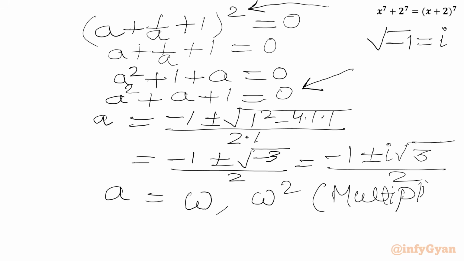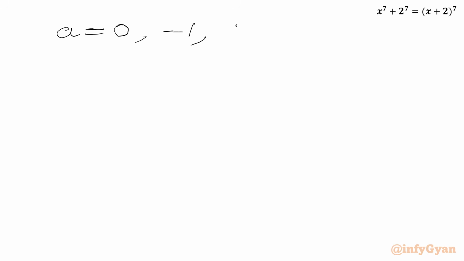If I write all the 6 solutions, let me write here: a equal to 0, our first solution. Then we'll write a equal to negative 1, and then we'll write omega and omega square with multiplicity 2. Here we have multiplicity 2.